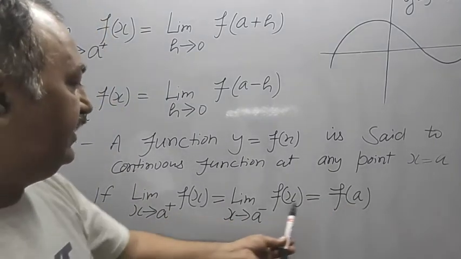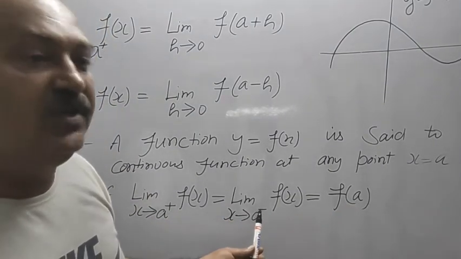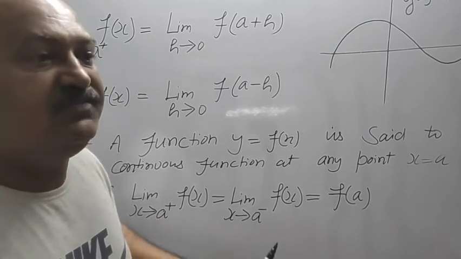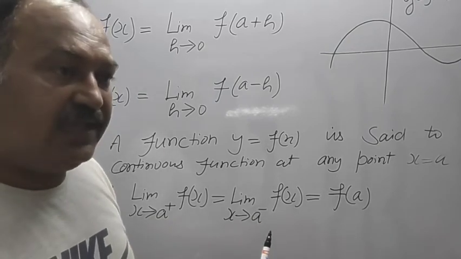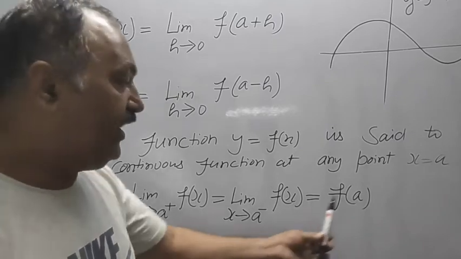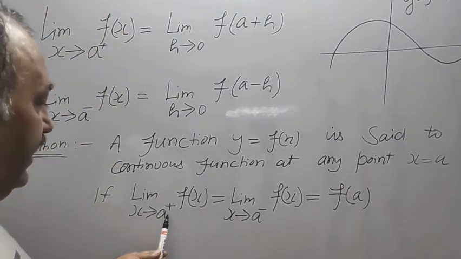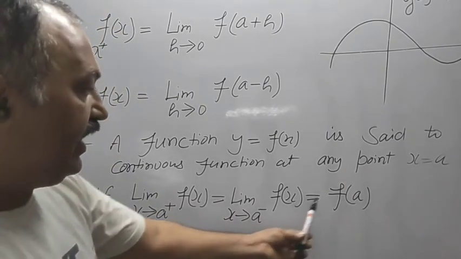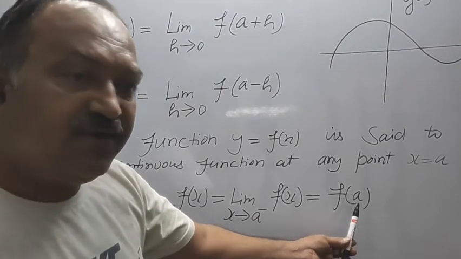These are the three things which you have to calculate in order to prove that the function is continuous at a given point a: right limit, left limit, and value of the function at that point a.